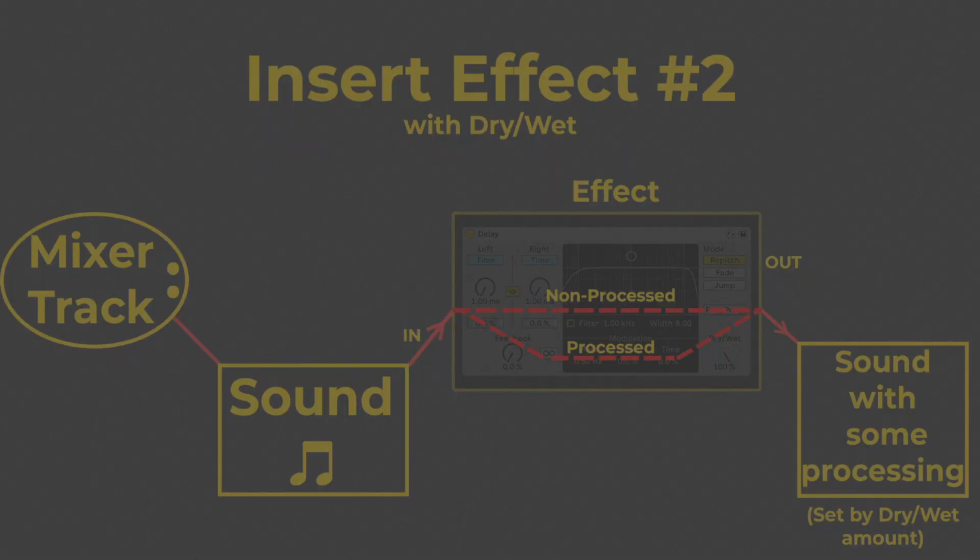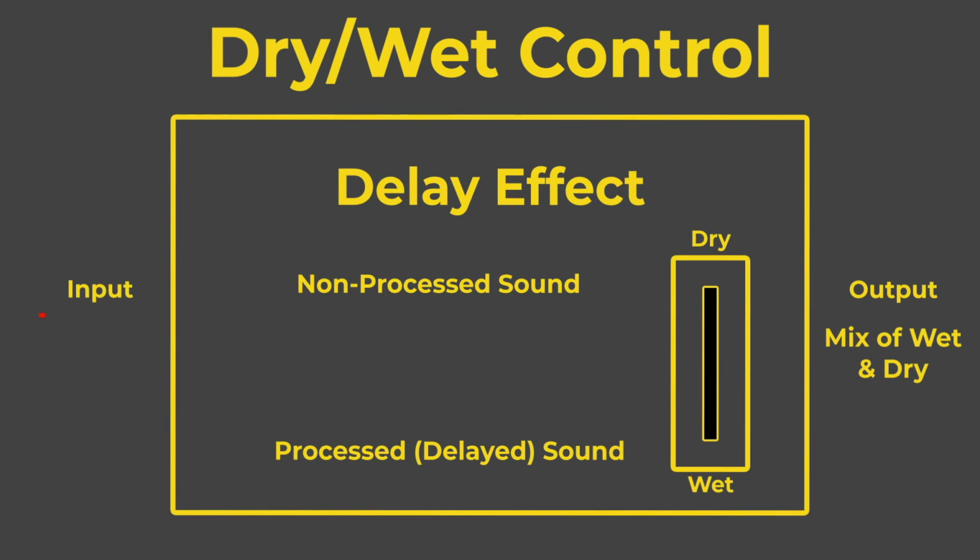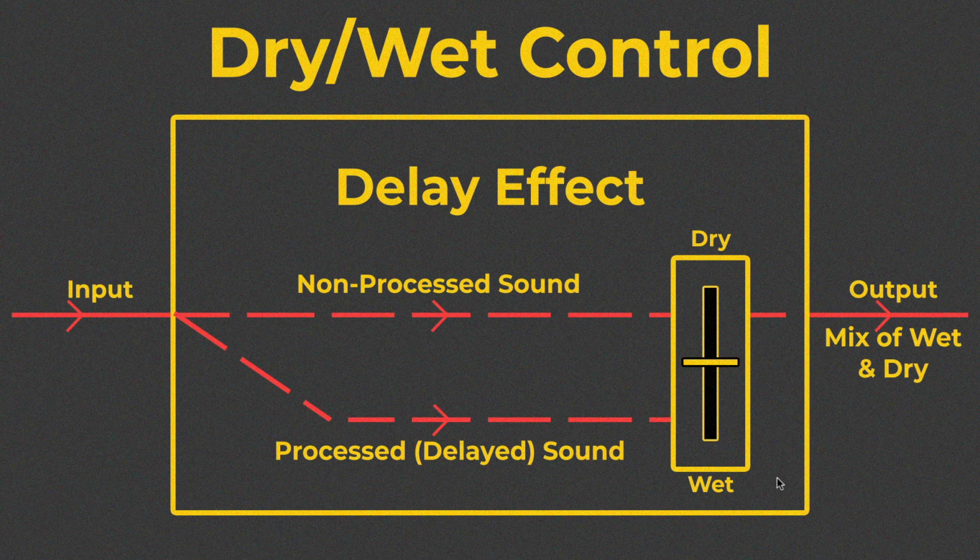So just to demonstrate this a bit more clearly, here's that sound splitting into two signal paths within the delay. And we can see the dry-wet control, this time represented by a crossfader, which you'll be familiar with if you've done any DJing. So on one end of the crossfader, we have the dry signal, which is the non-processed sound, don't forget, the one that's not being touched by the effect in any way.